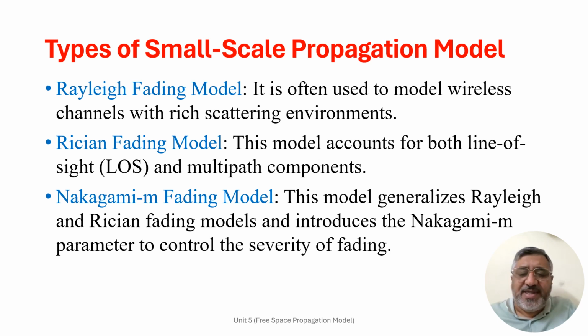This model generalizes Rayleigh and Rician fading models and introduces the Nakagami m parameter to control the severity of fading. It can represent a range of fading conditions from severe multipath fading, where m is less than 1, to nearly deterministic fading, where m is greater than 1.